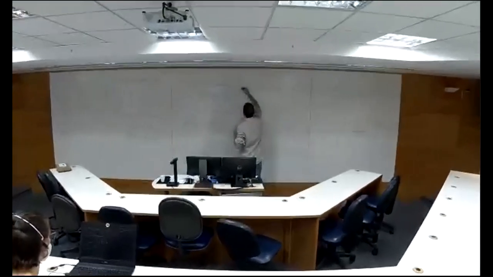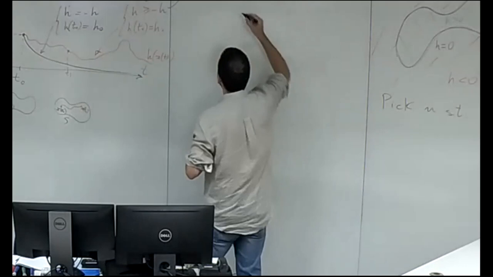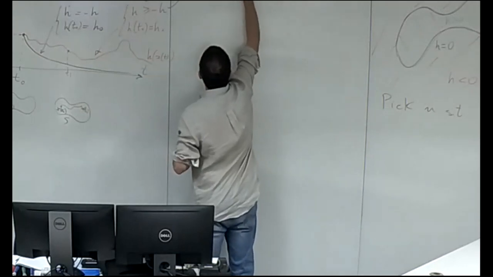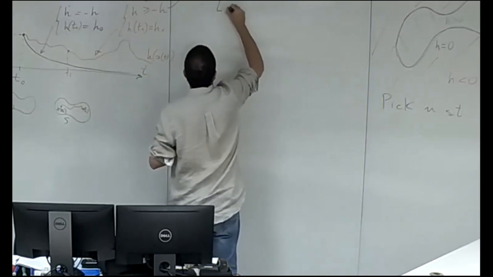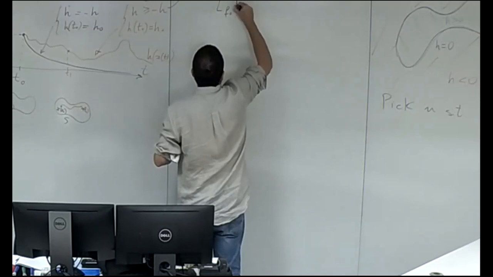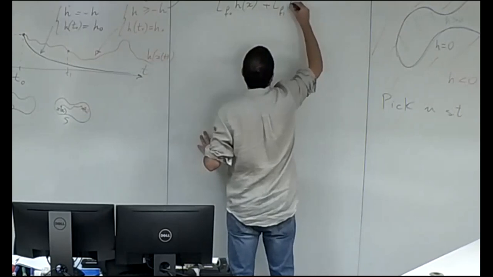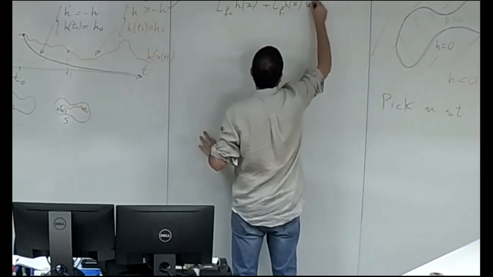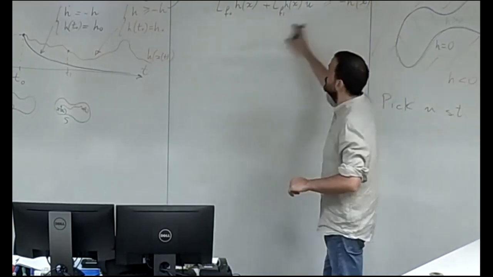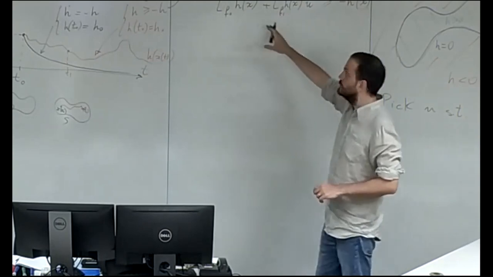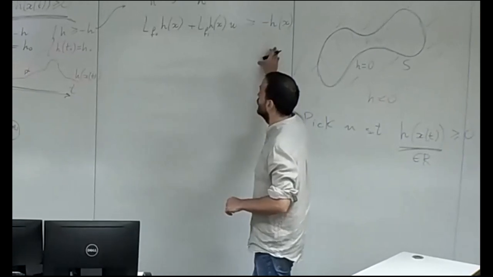How do we write this? We know h dot greater than or equal to minus h can be written as L_f0 h of x plus L_f1 h of x times u, greater than or equal to minus h. Here I explicitly wrote the dependency on x.